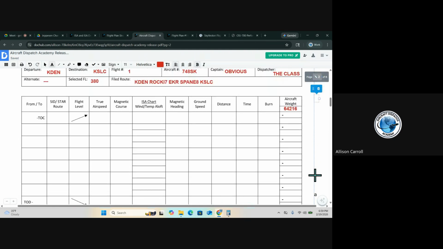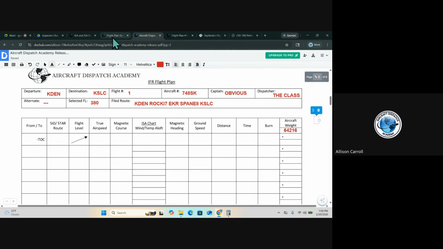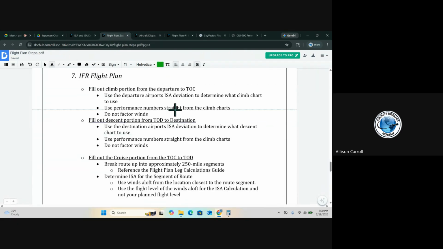Okay. So with these flight planning steps with the IFR flight plan, just follow this to the T and you'll get it figured out. The first step is to fill out the climb portion from departure to top of climb.